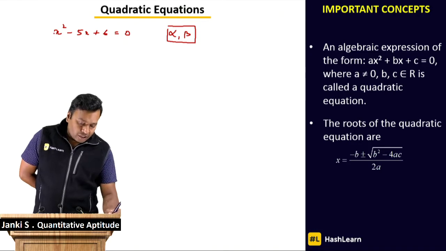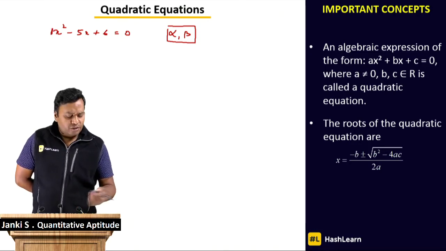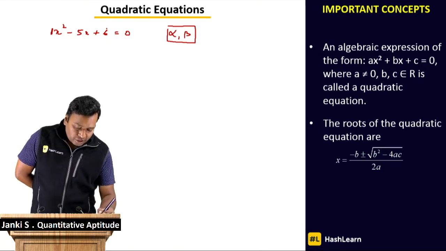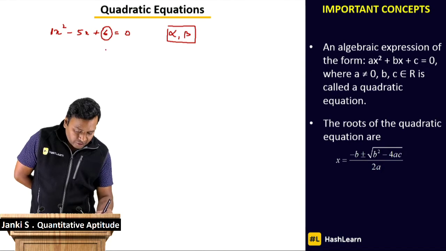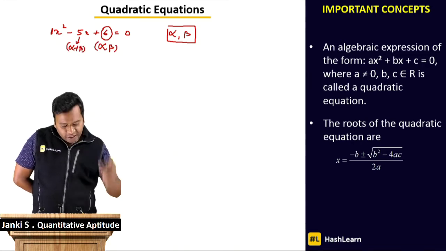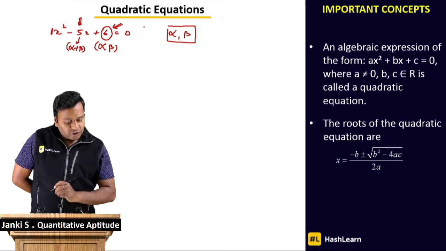The first condition is that its coefficient is 1, so I write 1, because ax square plus whatever formats will be there, right? So here this part represents alpha into beta and this part represents alpha plus beta, right? So I have to use alpha and beta in such a format so that my summation should be equal to 5 and the product should be equal to 6, right?